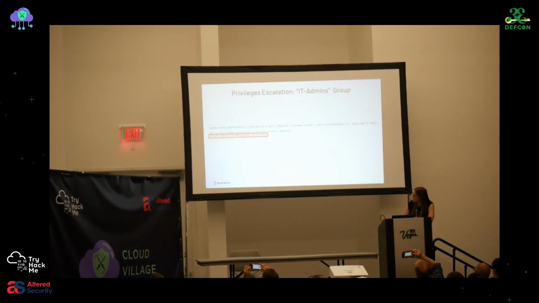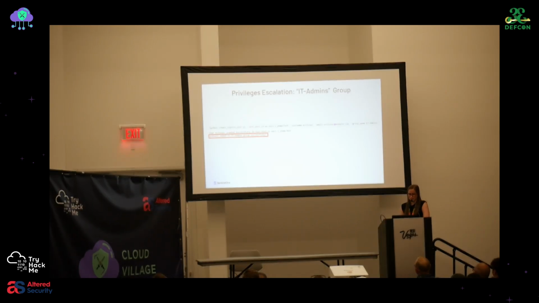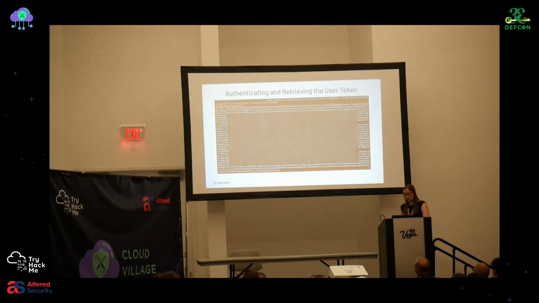So I created a very simple script that will create my evil user and add it to the relevant user pool. And as you can see here, the user was added to the group successfully. I authenticated to the IT app, and I got the JWT back.